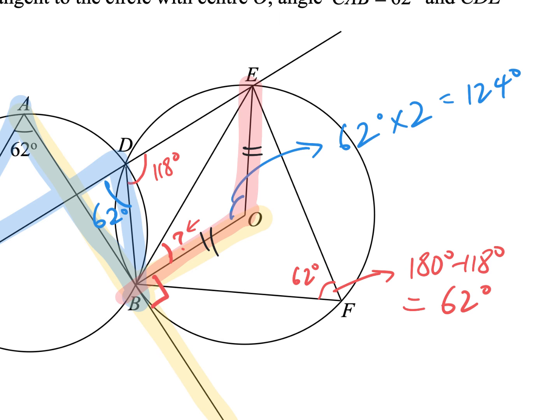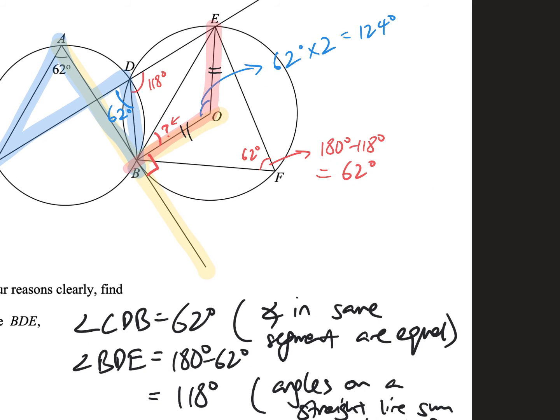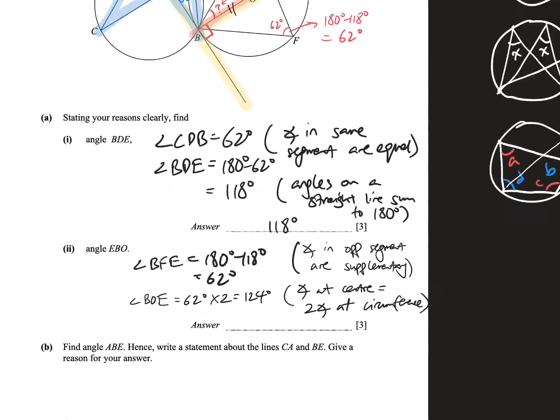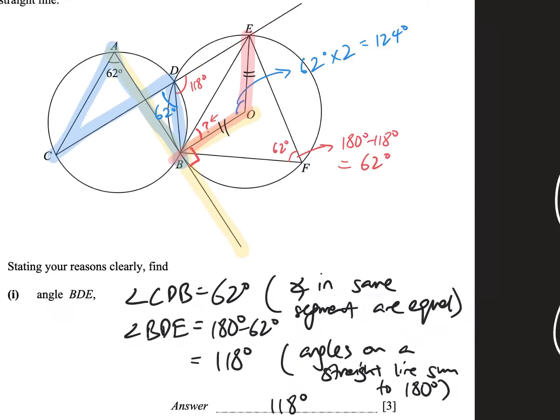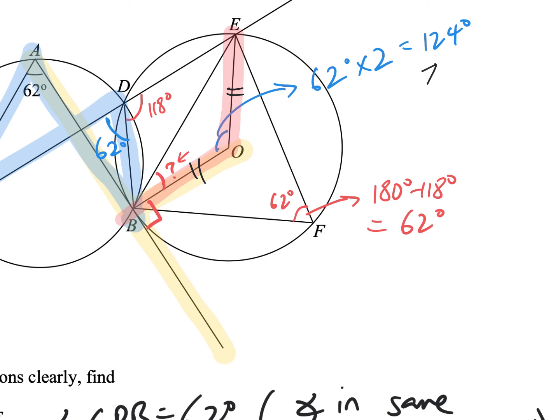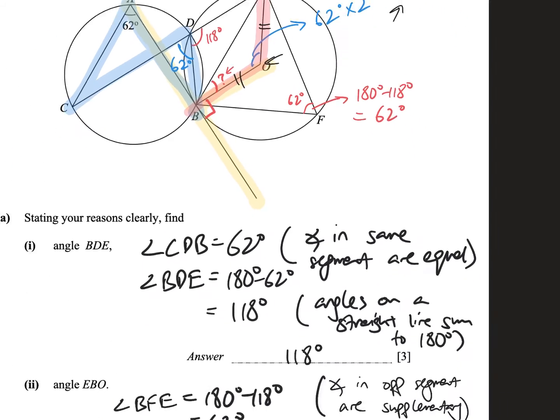And so to find angle EBO, that's the last step. So angle EBO, we take 180 degrees and we subtract away the angle here, which is 124.